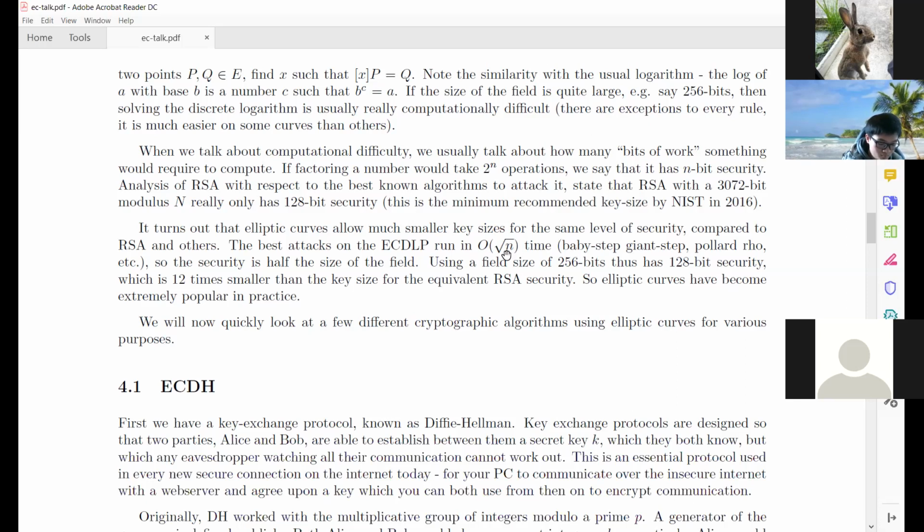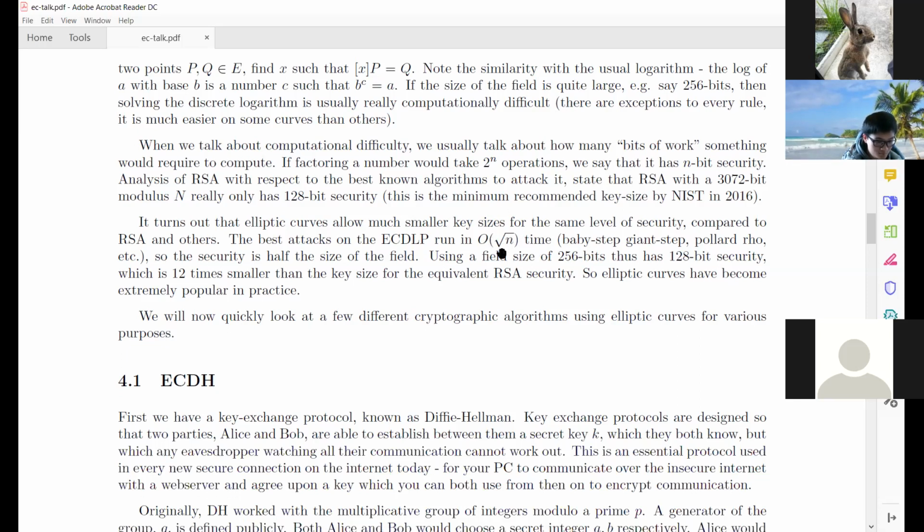Hopefully everyone's familiar with the complexity of algorithms as well. Some of them are the baby-step giant-step algorithm and Pollard's rho algorithm. All of those best known algorithms run in time proportional to the square root of n, which is the size of the field. No, the size of the group.